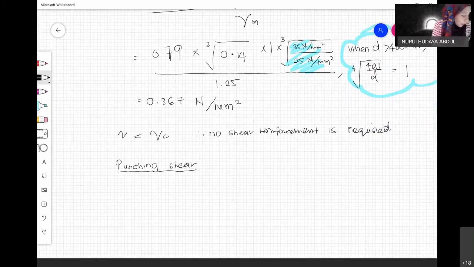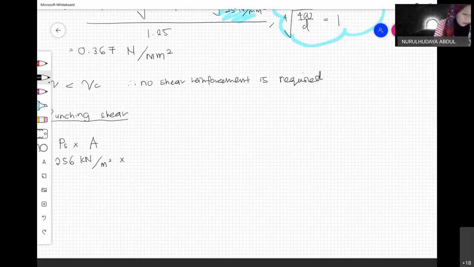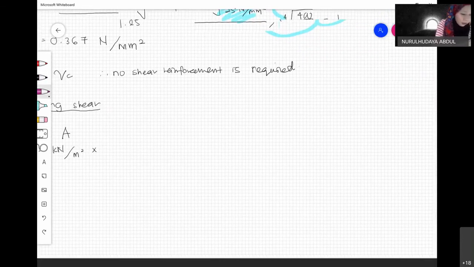Okay, so for punching shear, sama juga formula V equal to PS darab dengan P. Okay, but the area is different. Okay, tulis je. So area kat sini, macam mana punching shear, kena lukis lagi.